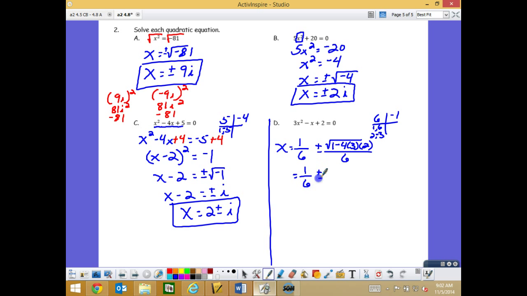So doing the arithmetic inside the square root, we have the square root of 1 minus 24, since 12 times 2 is 24. So we have 1/6 plus or minus the square root of negative 23 over 6. And since we have the square root of a negative number, to make that positive 23, we bring that i out front.